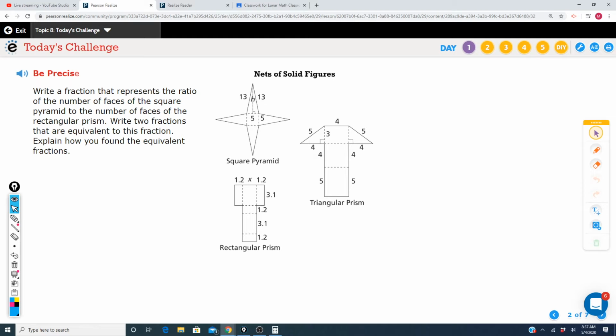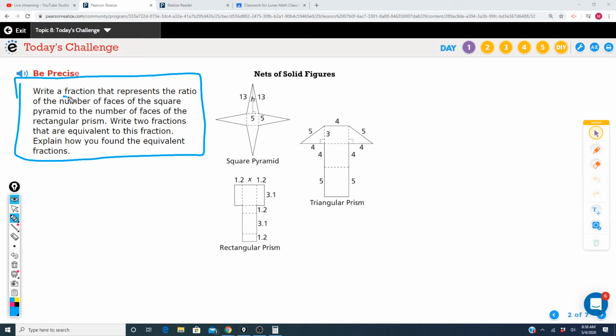We're writing a fraction that represents the ratio of the number of faces of the square pyramid to the number of faces of the rectangular prism. What would be a fraction that represents the ratio?